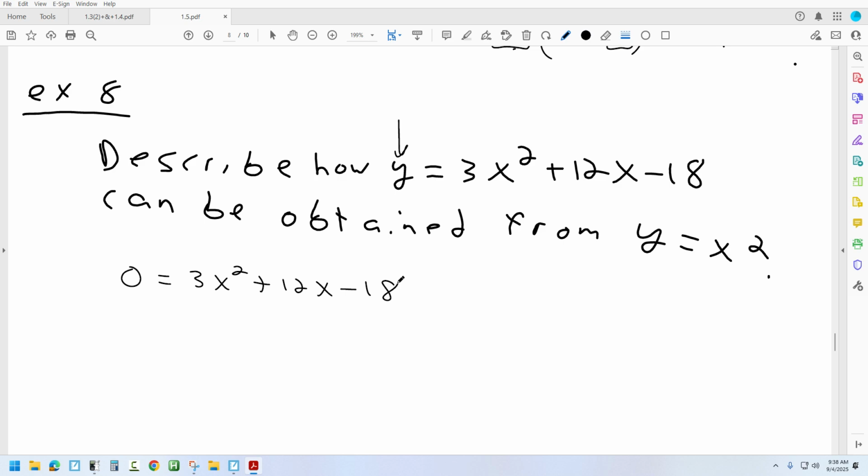How would I move the constant to the left side? Yeah? Add 18 to both sides. Okay, so in this step, I'll just say move constant to other side.